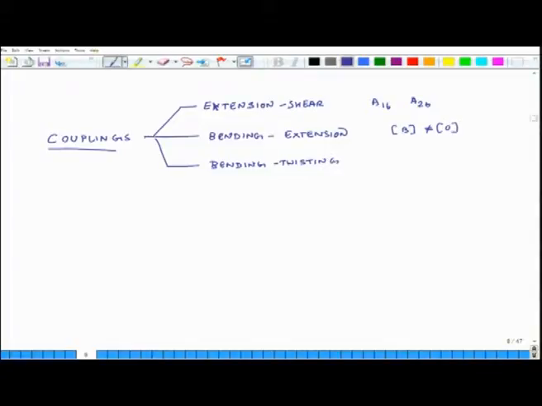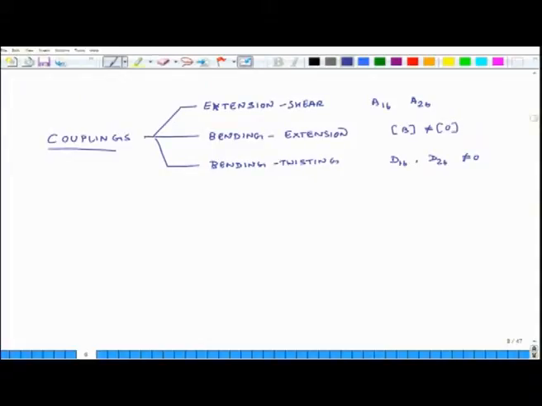You try to bend something, but it not only bends, it also tries to twist, and vice versa, and this happens when D16 and D26 are not equal to 0. So, again we will explore how we can reduce or eliminate the effects of these terms also.